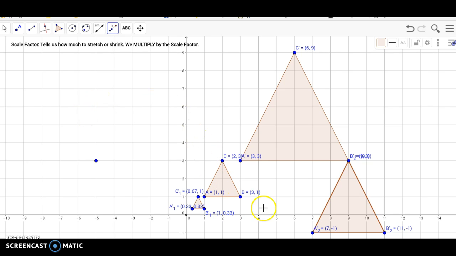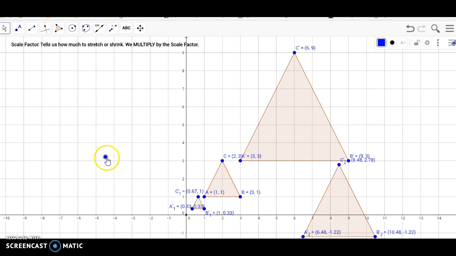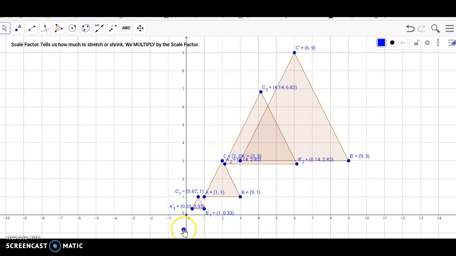Oh my goodness. It came all the way down here from this point. The question is, why did that happen? Interesting. But what happens when I move my point? Oh my goodness. If I come here, it would have gone there.